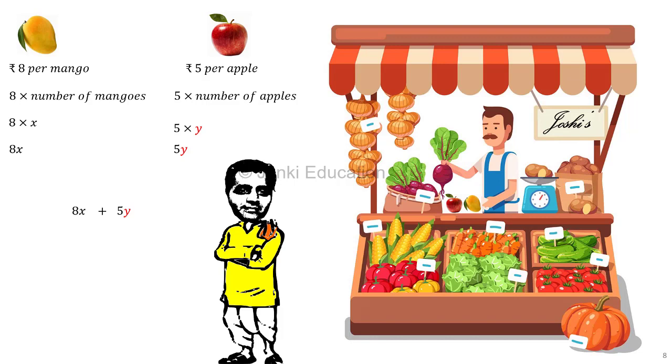Now, he cannot carry all these mangoes and apples in his bare hands, so he will be buying a bag like this. The cost of this bag is Rs 3. So he will be paying that Rs 3 also. So the total amount he will be paying is 8x plus 5y plus 3.